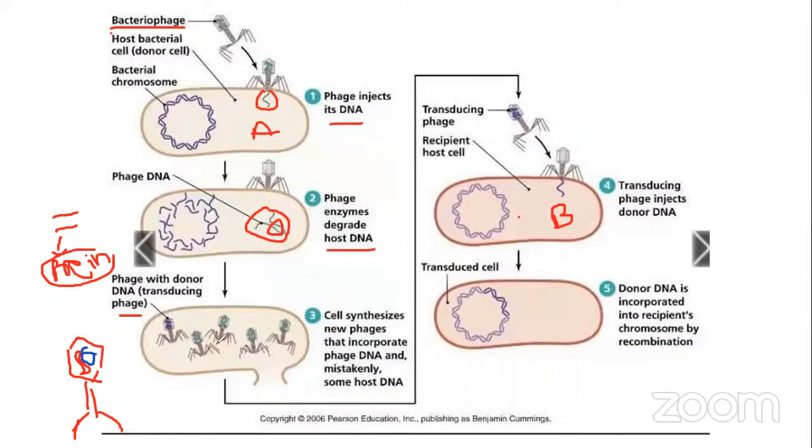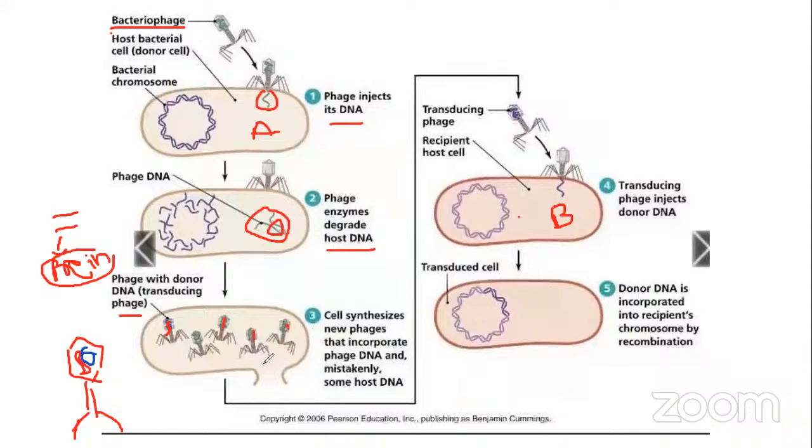Now in this bacterial phage, two DNAs are present. Phage DNA as is, and with the help of phage DNA, the bacterial DNA, for example red color, is also present in the phage.